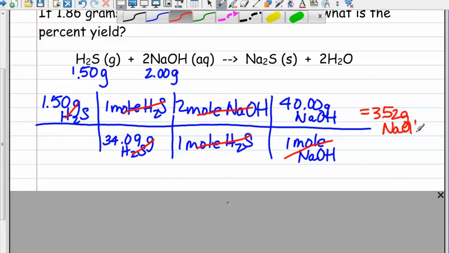Now what that's saying is if you used up all of this 1.50 grams of hydrogen sulfide, you'd need 3.52 grams of NaOH. Now you have to ask yourself, do I have 3.52 grams? And clearly you only have 2, so this is going to be your limiting reagent, and the hydrogen sulfide gas is going to be your reagent in excess.